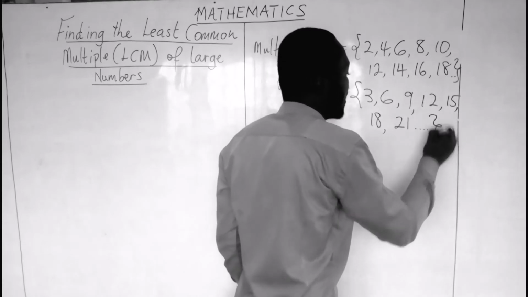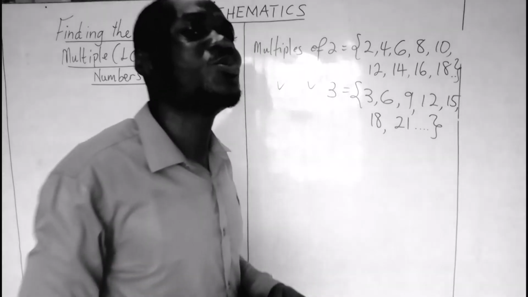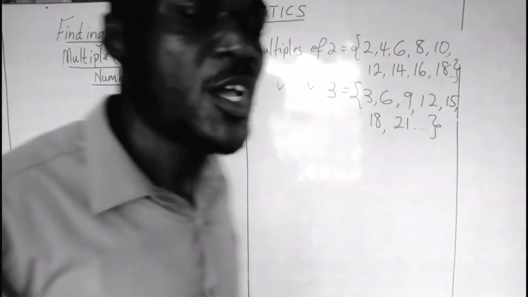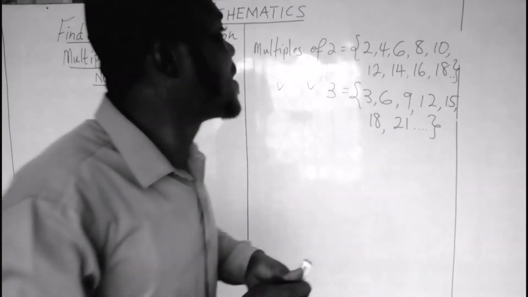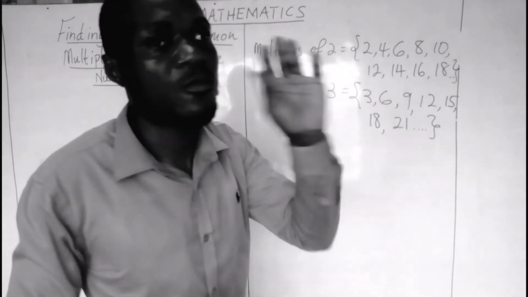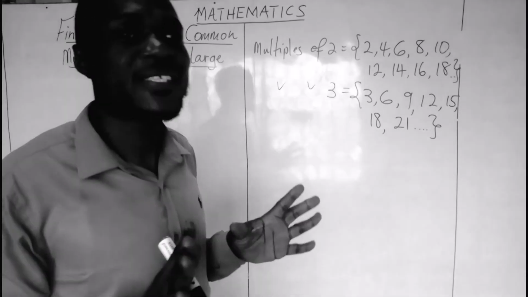On and on, then you stop. Now let's just use only these 2. These ones are multiples of 2 different numbers.